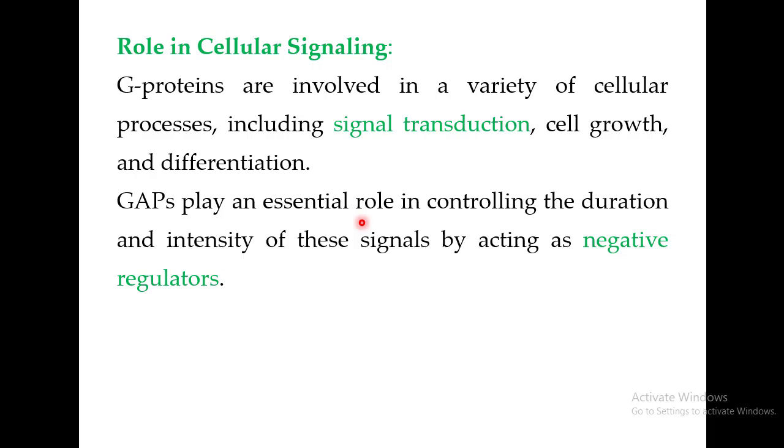If you increase that time, that is going to have negative consequences on the cell and of course on the body. They also control the intensity of the signals by acting as negative regulators. So the GAP is actually a negative regulator of these GTPases, and this negative regulation is very important to control the duration and the intensity of the GTPase signals.